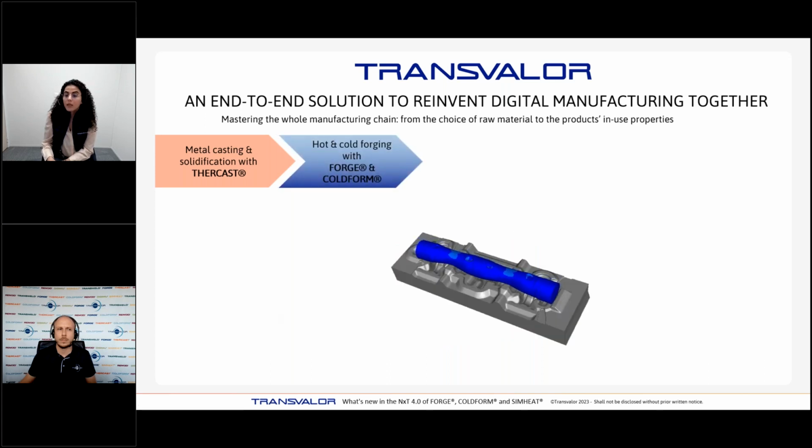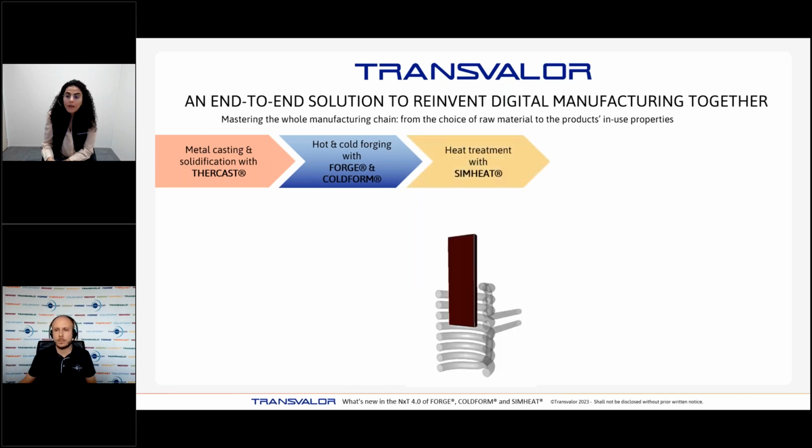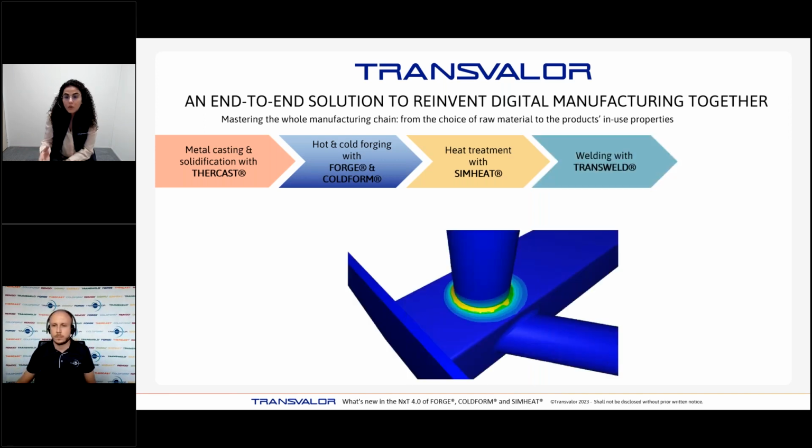After, we can model as well the hot and cold forging. Here we can see a video of a crankshaft forging. We can model as well the heat treatment, where, for example, we are seeing here a video on induction heating. Then the aim of all this is to follow all the properties of the metal till the end.